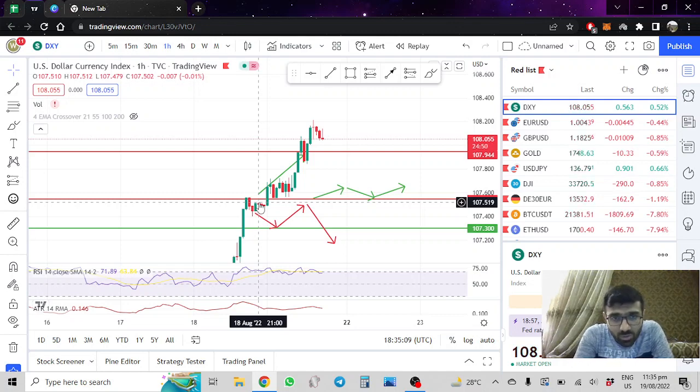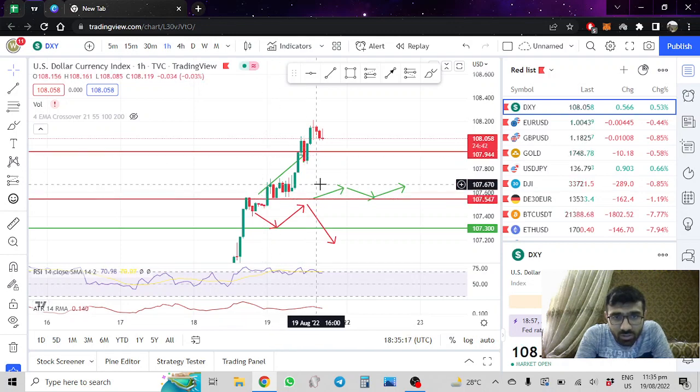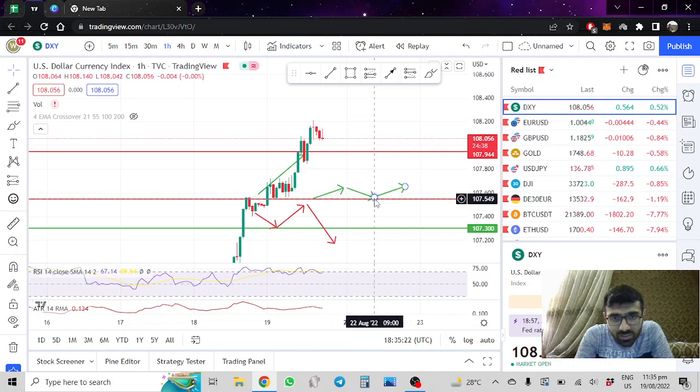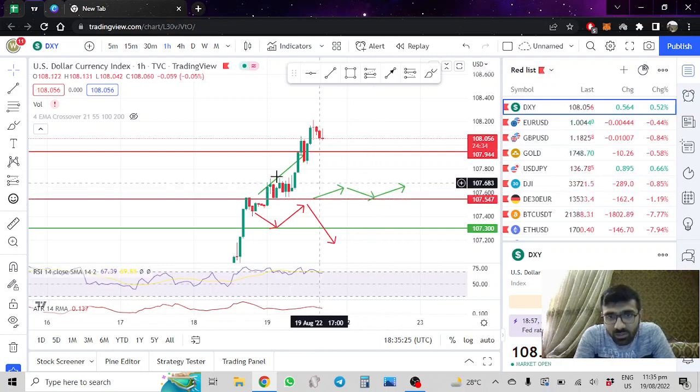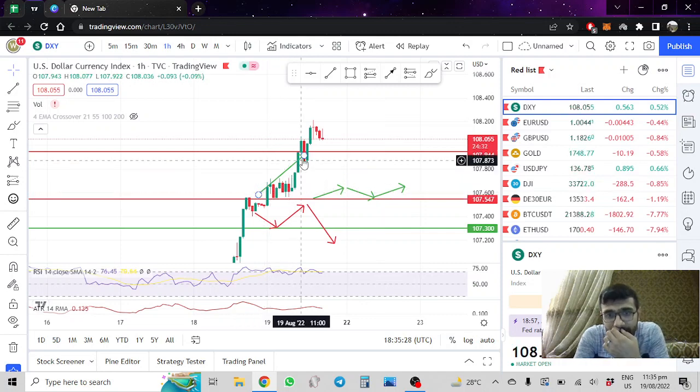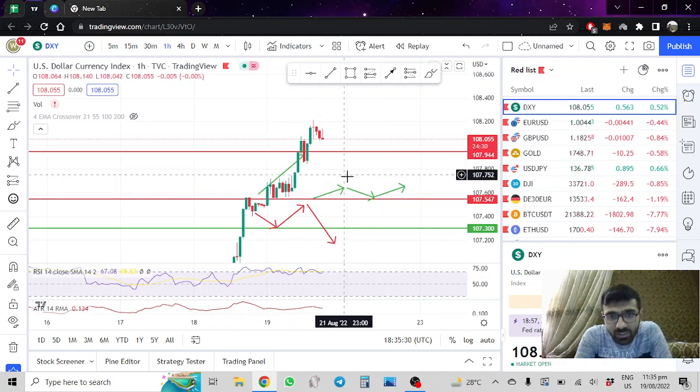If you see clearly, the risky move of buy was also successful, and so was the cautious move, which was on a retest. Myself, I am a cautious buyer. I do not take the risky trade like this. I always wait for a retest. So both of these scenarios were hit.